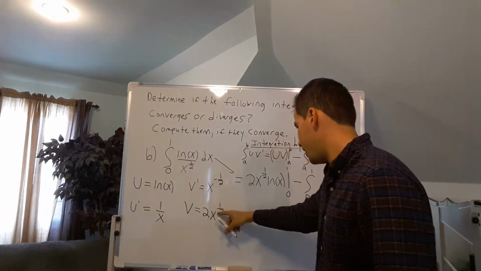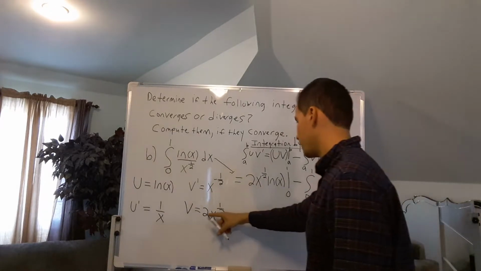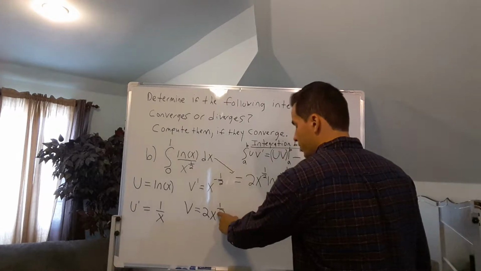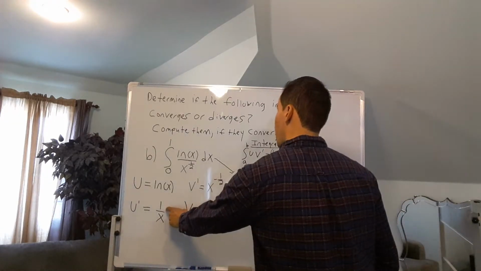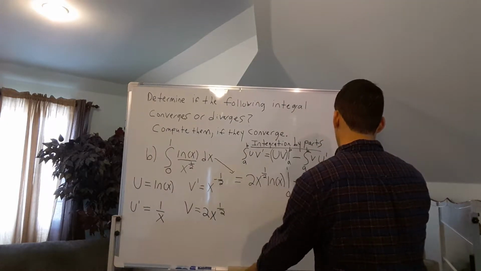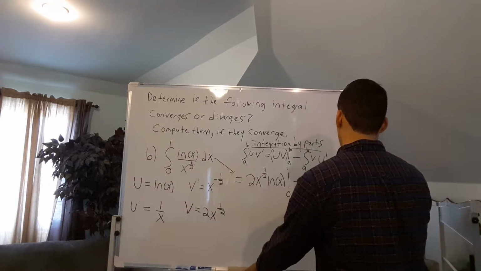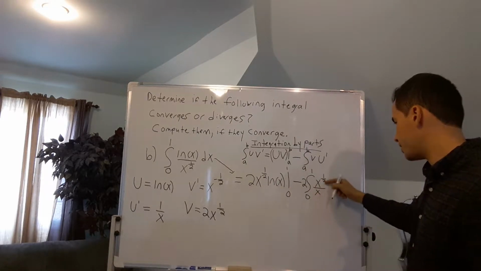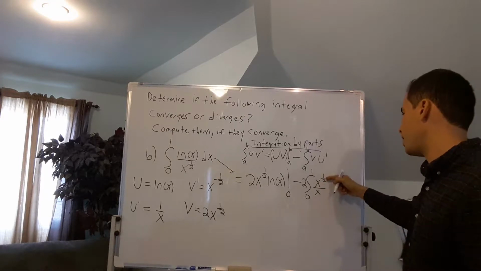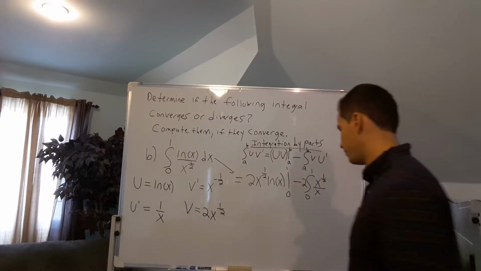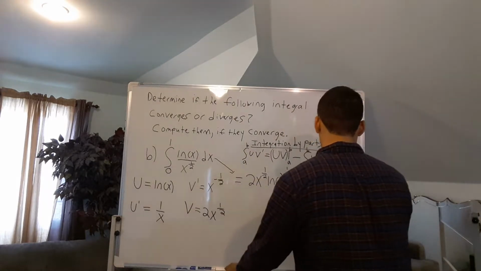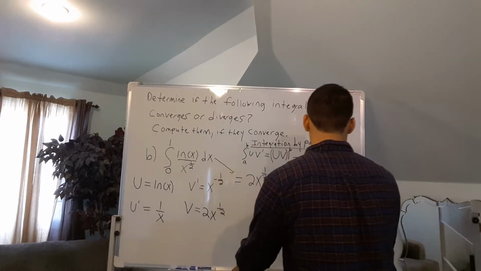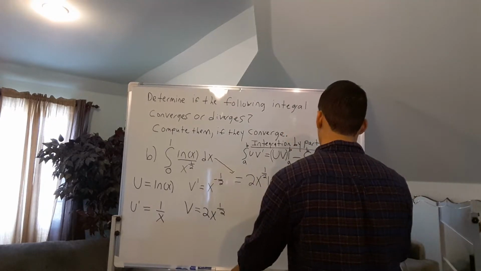So we have a 2 here, I'll pull out the 2. And then we have x to the 1/2 times 1 over x. x to the 1/2 divided by x will simplify to give you x to the negative 1/2, dx.